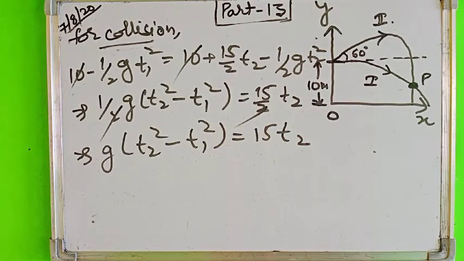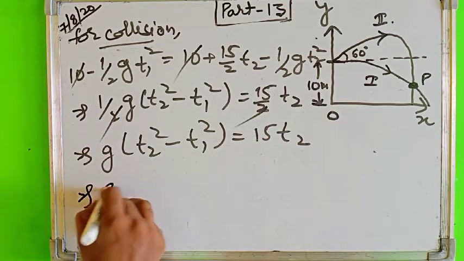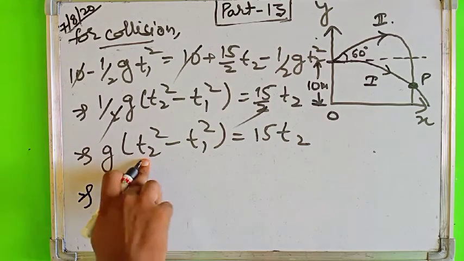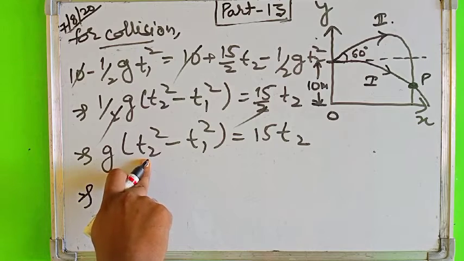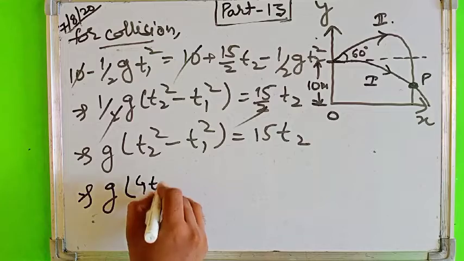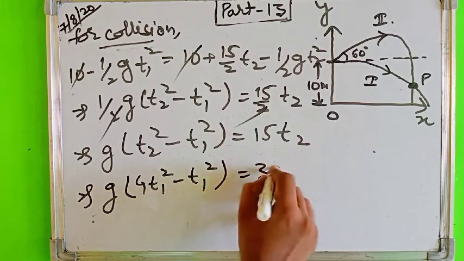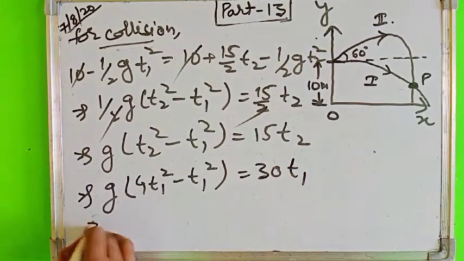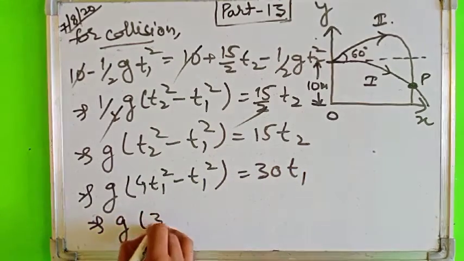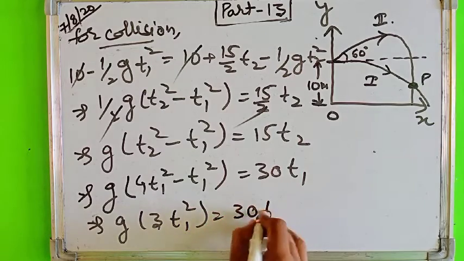Now in the first case we had calculated that T2 is equal to twice T1. So it will become g (4 T1 square minus T1 square) equal to 30 T1, and it becomes g into 3 T1 equal to 30 T1.